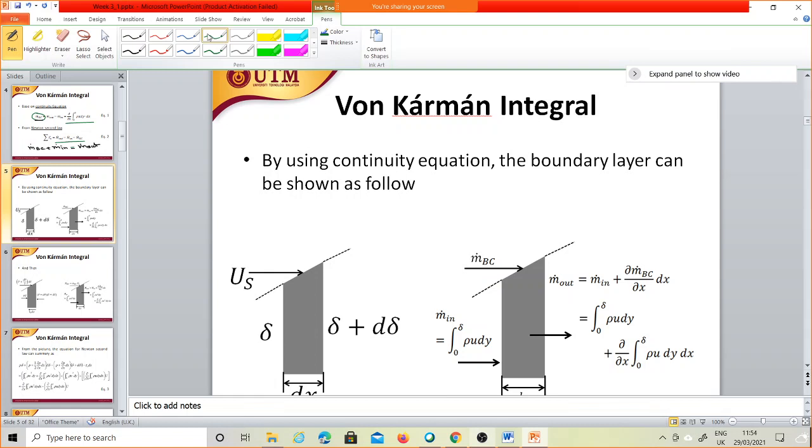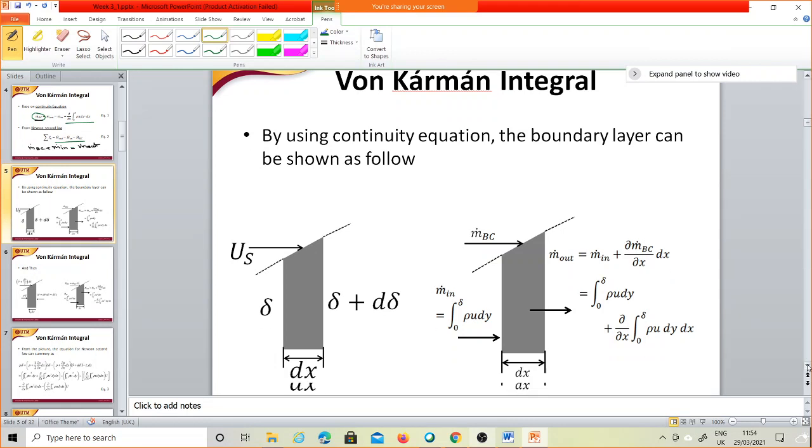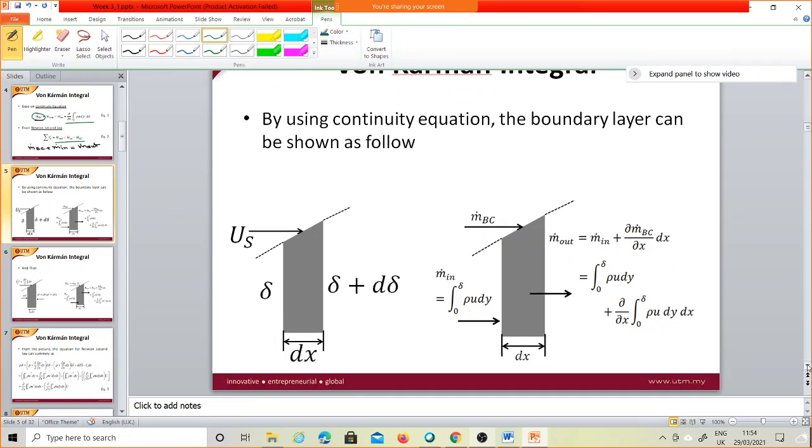Okay, so next we want to find out how we are going to get the expression for in and out, the resultant expression. So we consider a portion of the control volume.